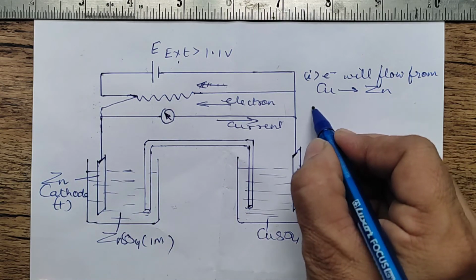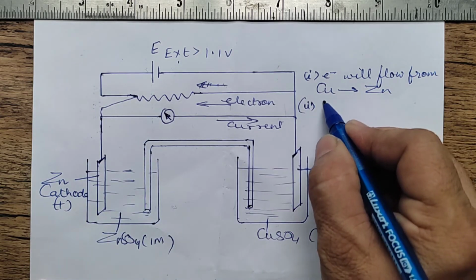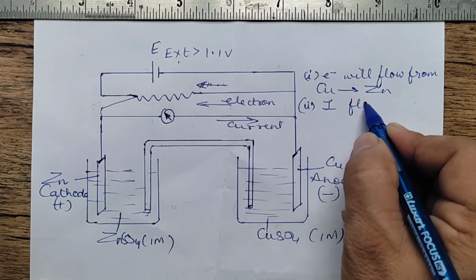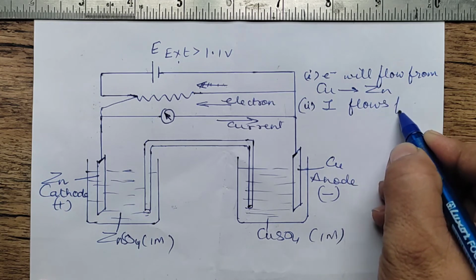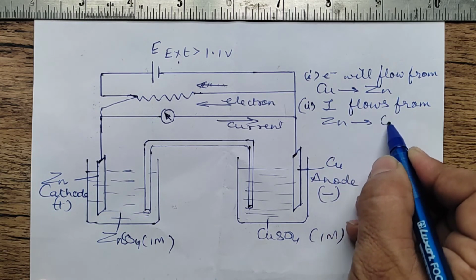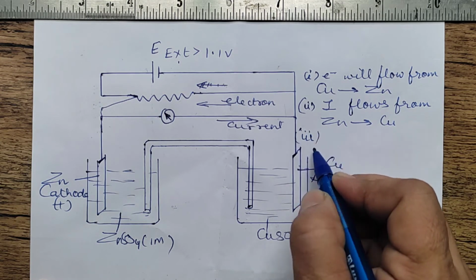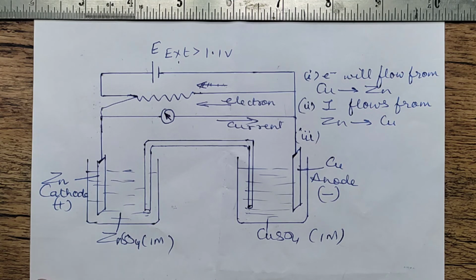And what is happening to the current? It is in the reverse direction. Current flows from zinc to copper. That means the current and the electrons are flowing in completely reverse directions.